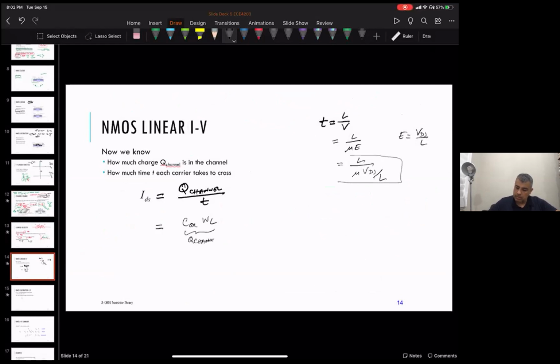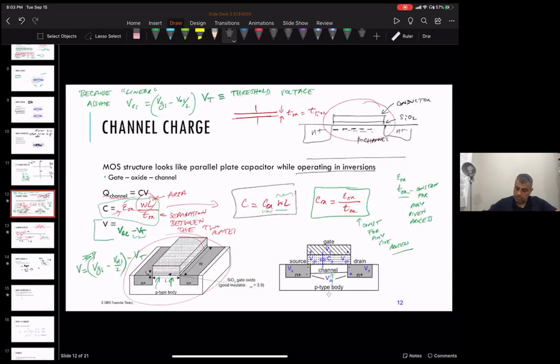The time we got here, so 1 over time. I'm going to do the risky move of inverting that, and we end up with mu VDS over L squared. And for the channel charge, we're going to use VGS minus VDS over 2 minus VT.